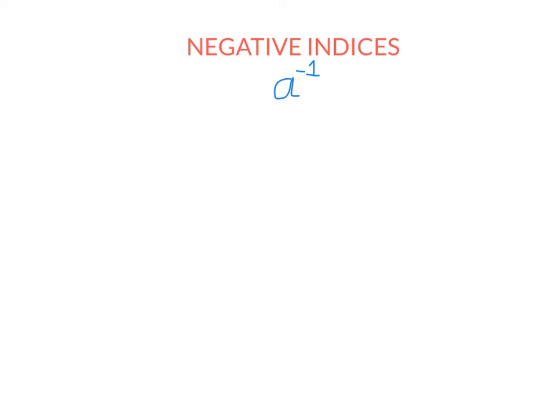Well, we actually define it in terms of the other index laws. We give it an answer that is consistent with the index laws we've already gone through. So I know, for example, that if I times a to the power of -1 by a to the power of 1, from the very first index law we learned about, we keep the same base and add the powers.